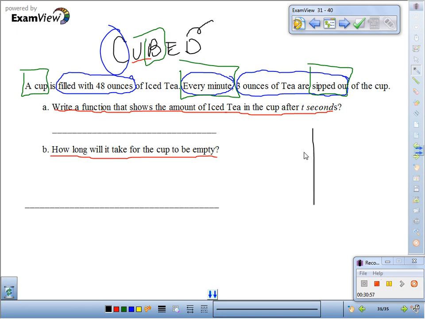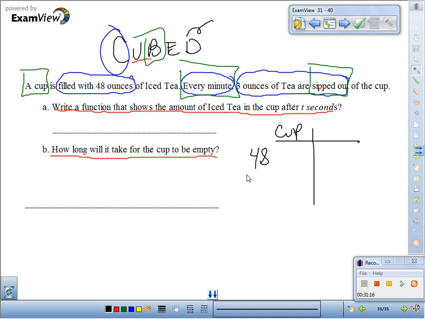So 1 cup. Here it is. All right. Let's start off with the cup. Let's see what it has. How much is in the cup, everyone? Nate. 48 ounces.